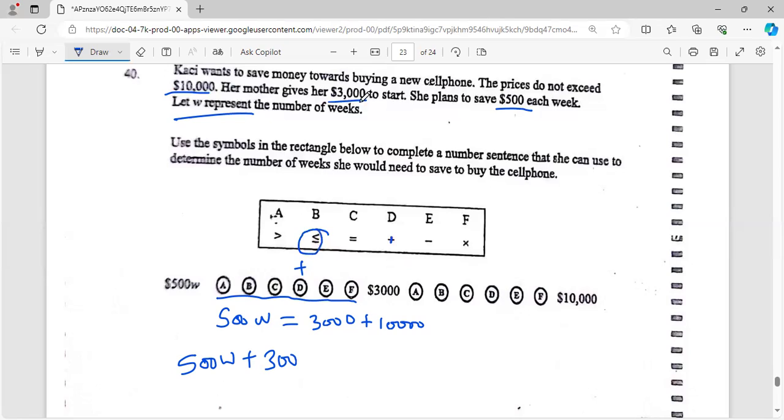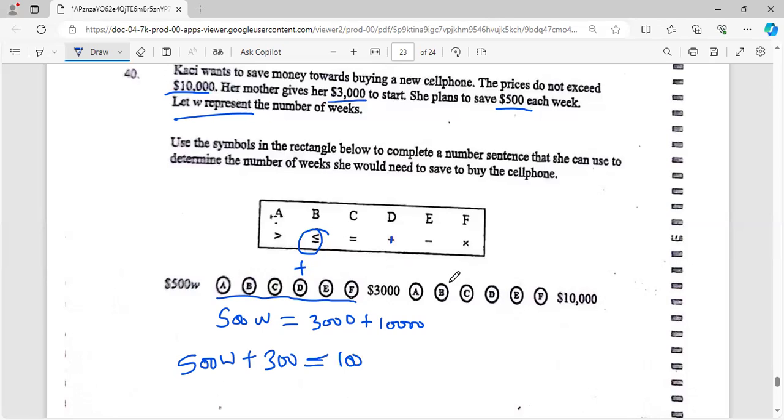They say it must not exceed 10,000. That's the limit. So they never say equal to. So it can be equal to it or less than it. But it can't pass it. So I'll choose this one, which is B. So my answer would be D and B over here, sir.